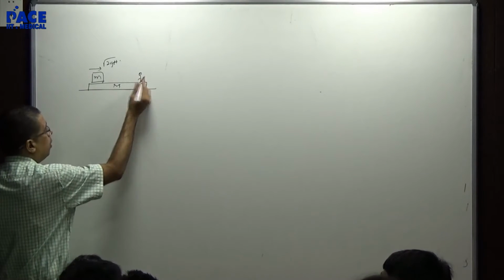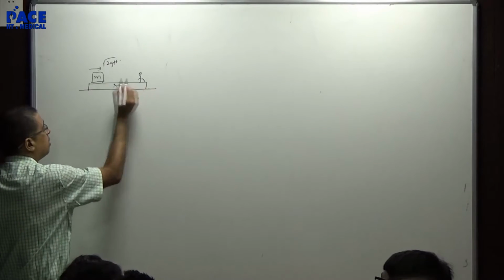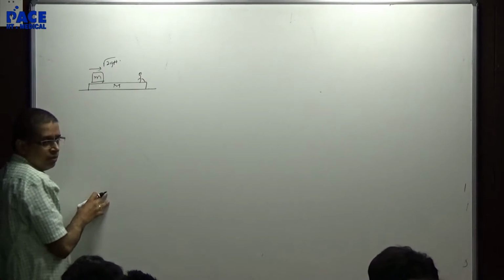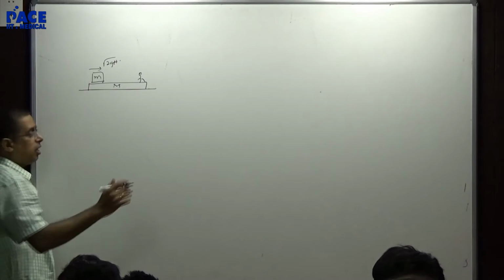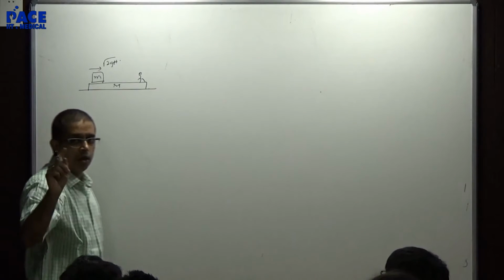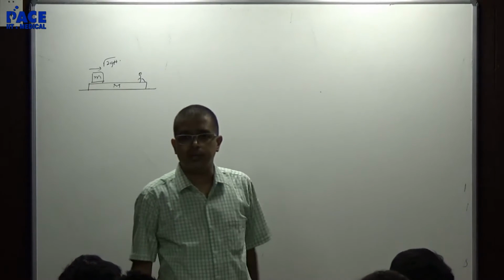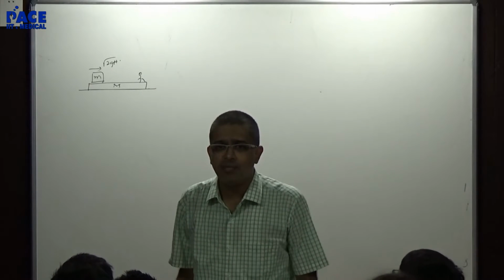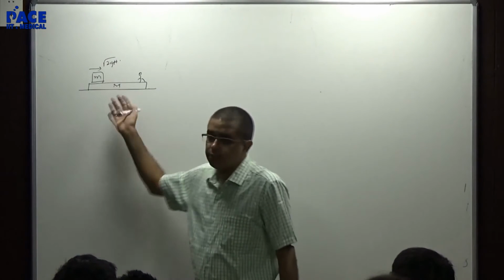After some time, when both start moving together, the man will observe small m coming to rest. Somebody on the ground will tell me after some time small m and capital M started moving together. Somebody on capital M will tell me that after some time small m came to rest.